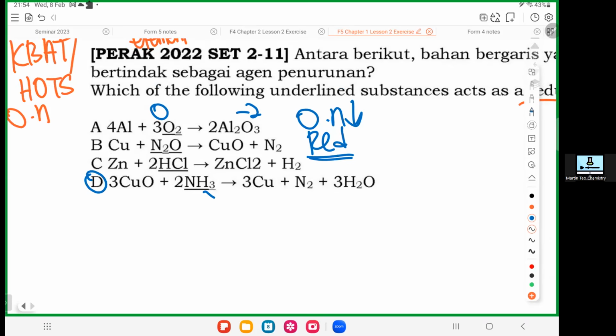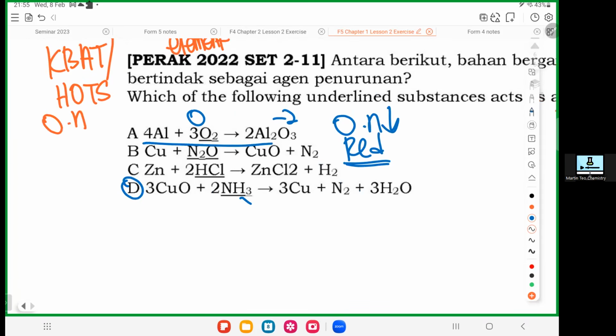Not advisable for the first one. If you look at this question, when you have a substance that has O3, it will be very complicated. You will have a lot of complications when you use the oxygen method.